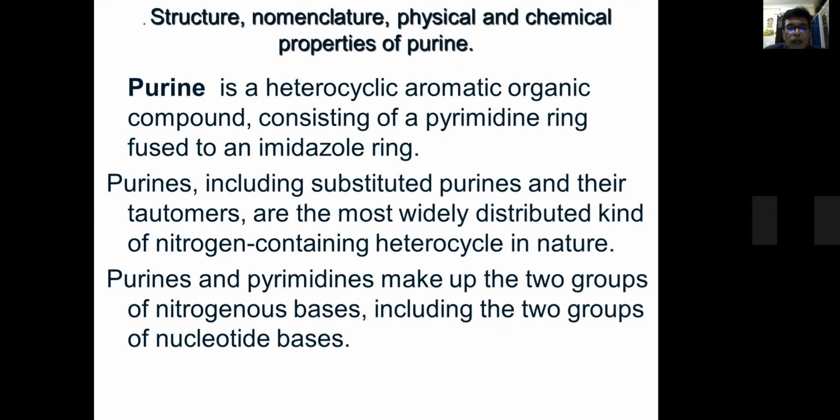Purines, including substituted purines and their tautomers, are the most widely distributed kind of nitrogen containing heterocycles. Uric acid, caffeine, adenine, guanine are all basic derivatives of purine which are present in our body and in nature. Purine and pyrimidine make up two groups of nitrogenous bases, the nucleotide bases in your DNA synthesis.